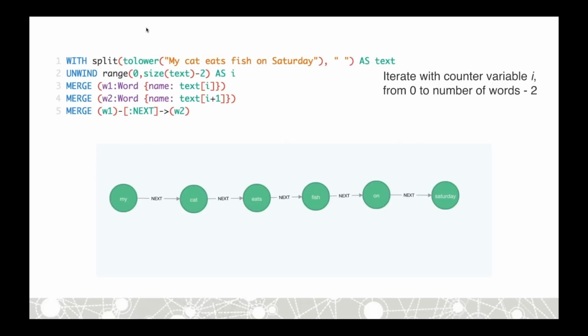So i takes on the value 0, and that allows us to access the first element in the array, and then create that adjacency graph. And we're specifying the size of the array minus 2 because we want to start at the 0th element, which is the first in the array, and then we're looking at the next element, so we only need to go up to the size of the array minus 2.